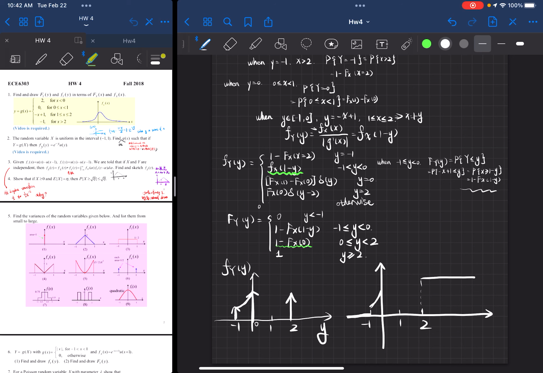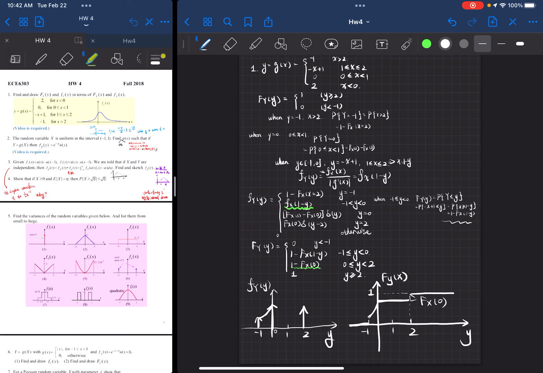When y is from 0 to 2, the density function of y equals 0, so there should be a horizontal line. At y equals 2, there is another impulse, so it directly jumps to the value of 1, and this value should equal the distribution function of x at x equals 0. So here we got the distribution function of y and density function of y.